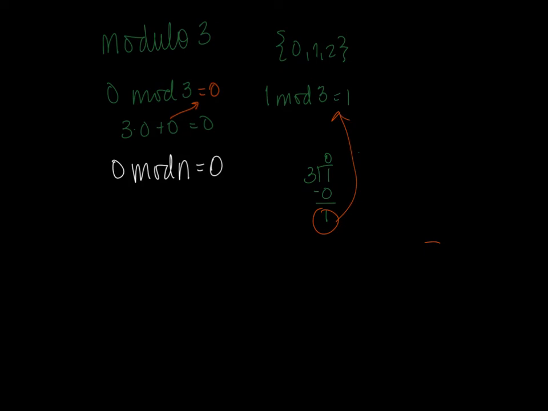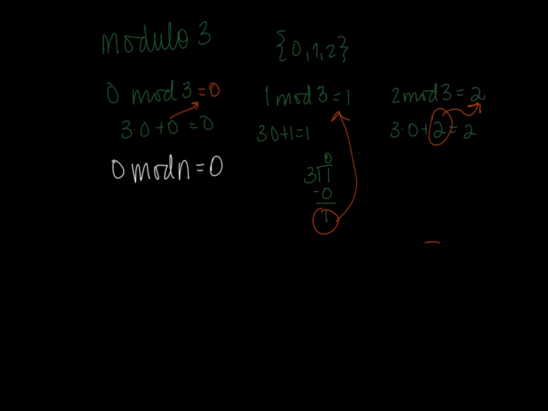And the sentence that I can write is that 3 times 0 plus 1 is equal to 1. The same thing's going to happen when I do 2 mod 3. It's going to equal 2. My sentence is 3 times 0 plus 2 equals 2. And it's this 2 right here that leads me to be able to make that statement.